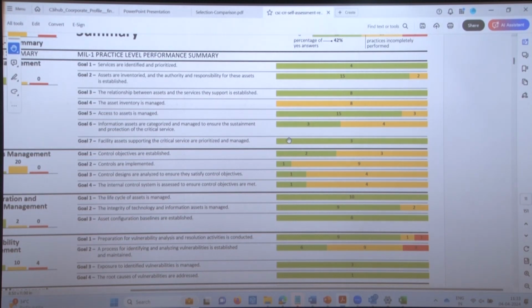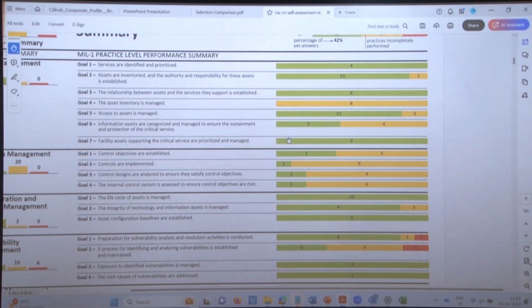Here is the asset management. Remember, asset management had 7 goals, and in November 2022 we found that services are identified and prioritized, it is fully green, which means all the practices for identifying which asset goes into which services are done.